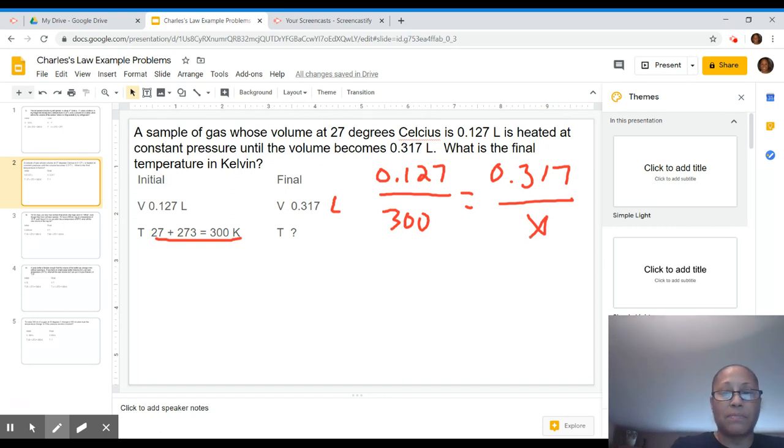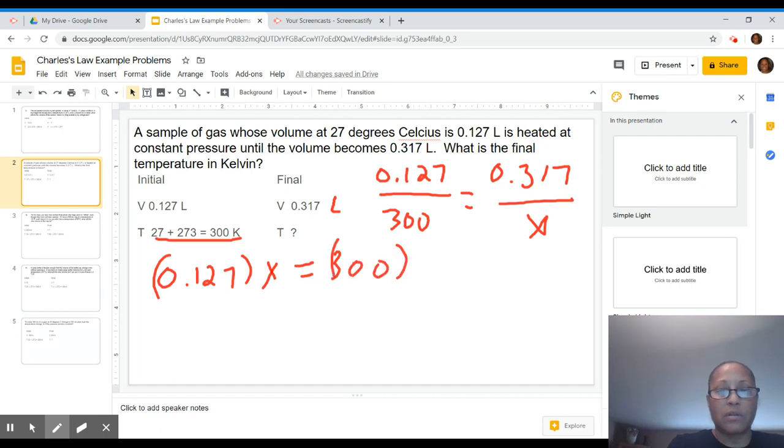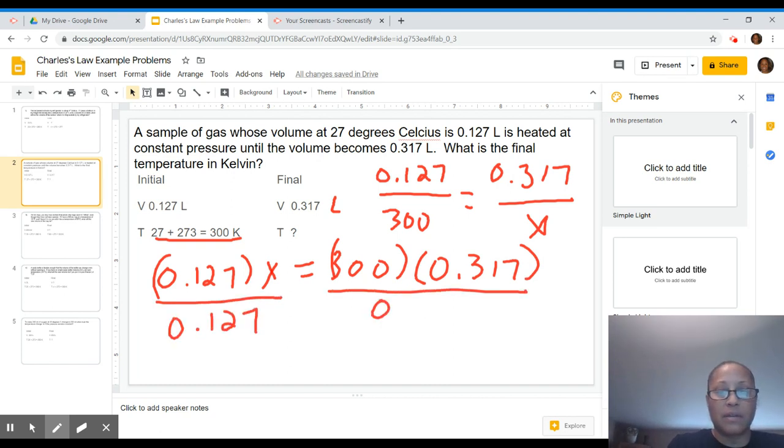When I cross multiply, I get 0.127 X equals 300 times 0.317. Then I divide, just like I would in algebra.